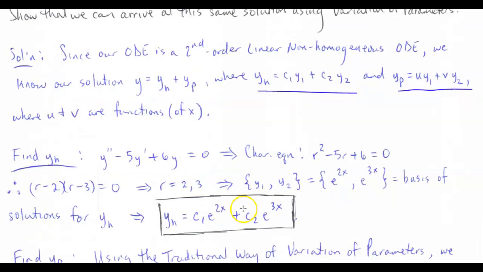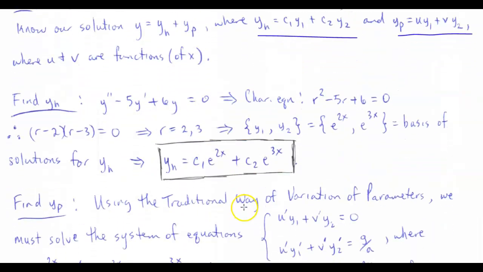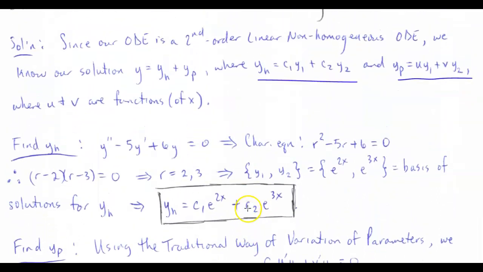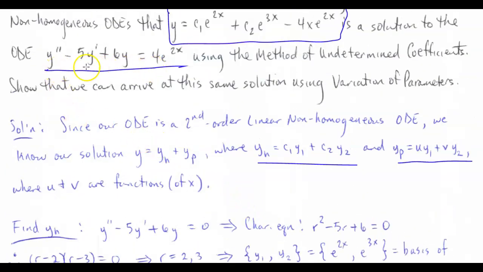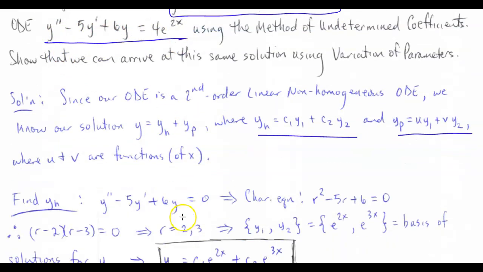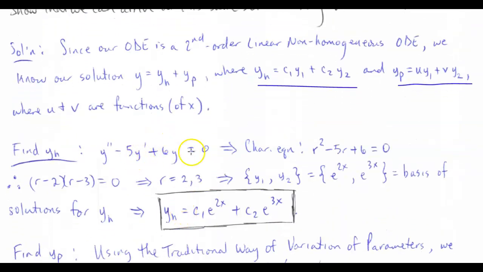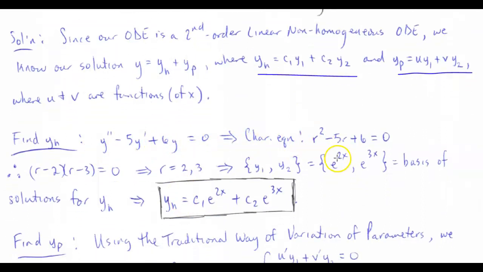Okay, so we start off finding our corresponding homogeneous solution to this equation. So we just have left side equals 0. Our corresponding characteristic equation, since all of our coefficients are constant values, is r squared minus 5r plus 6 equals 0.